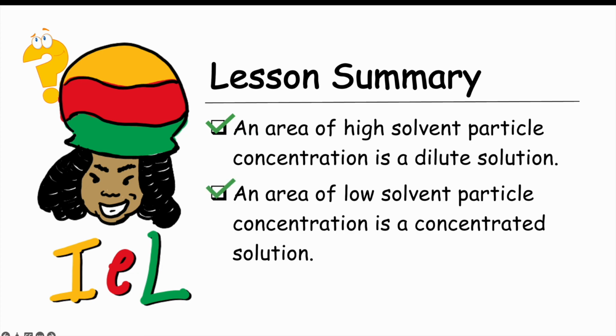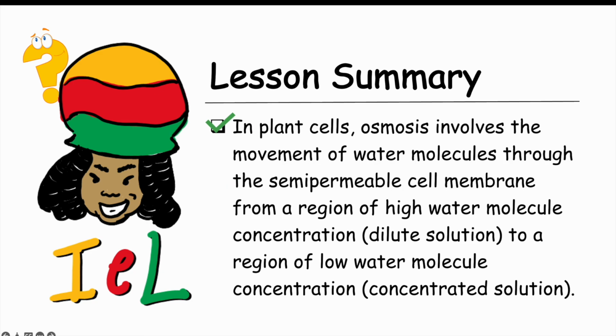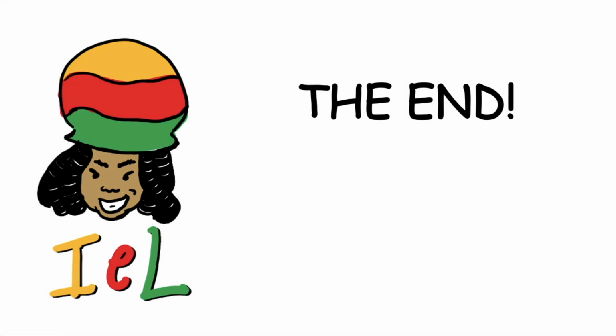An area of low solvent particle concentration is a concentrated solution. In plant cells, osmosis involves the movement of water molecules through the semi-permeable cell membrane from a region of high water molecule concentration, that's usually the dilute solution, to a region of low water molecule concentration, and that describes the concentrated solution. We have reached the end of our lesson.